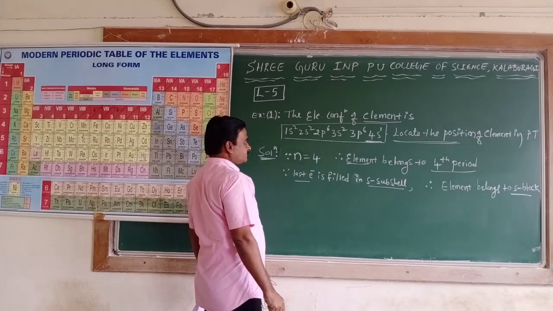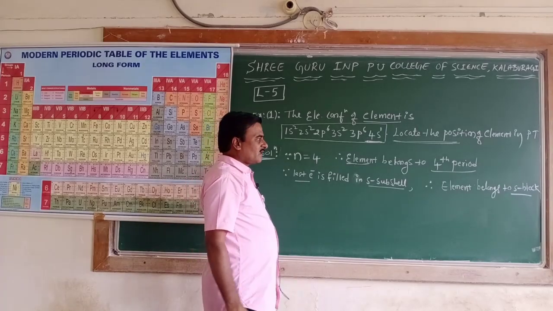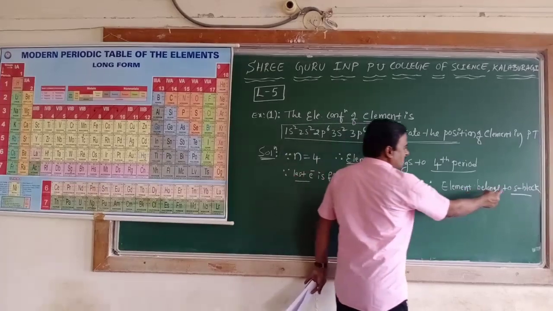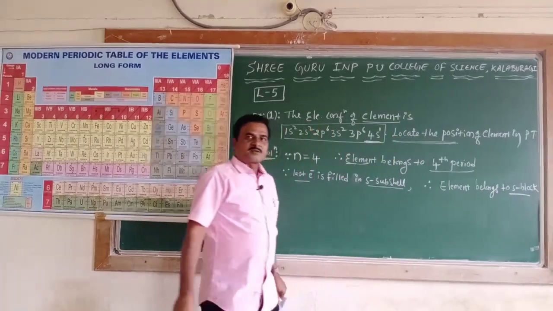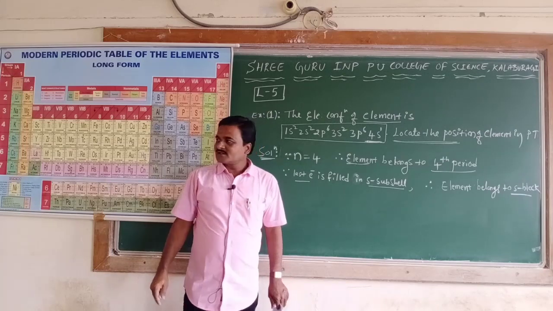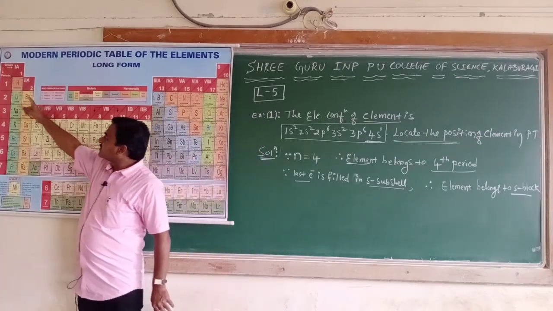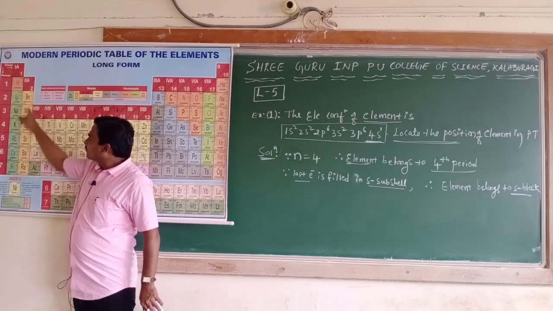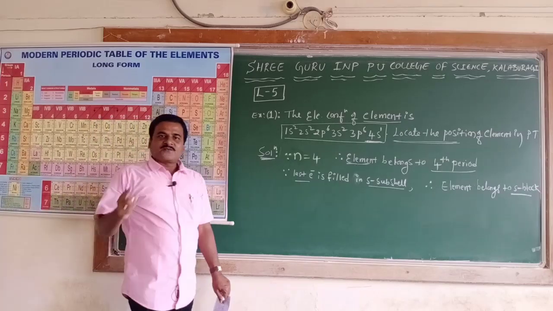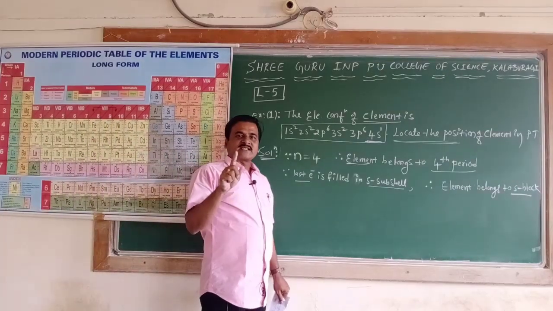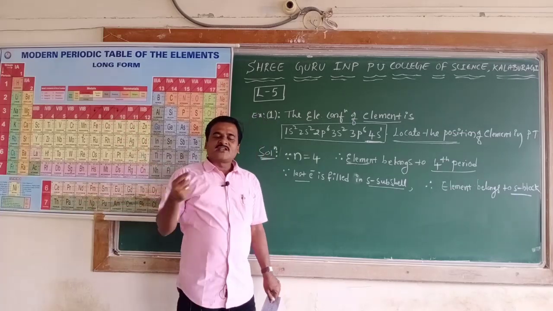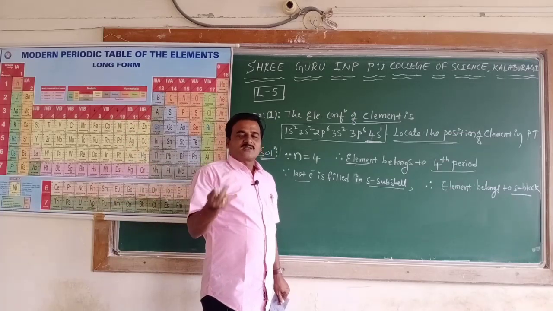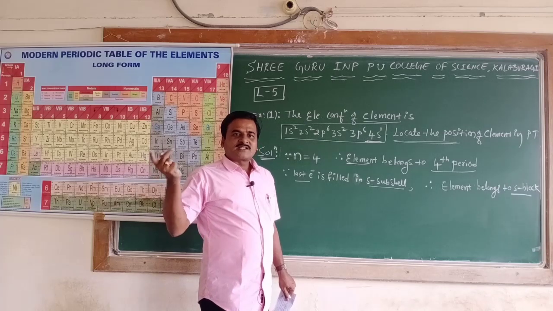Third, group number. As you know, s block mainly consists of two groups, group 1 and group 2. If the number of ns electron is 1, that corresponds to group 1. If ns electron is 2, then that corresponds to second group.